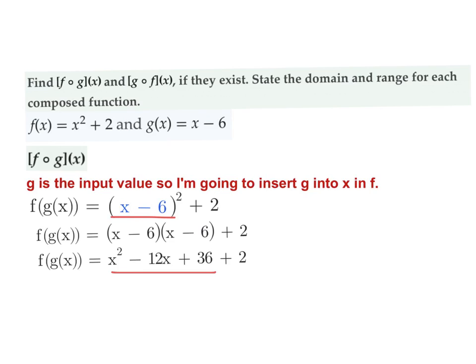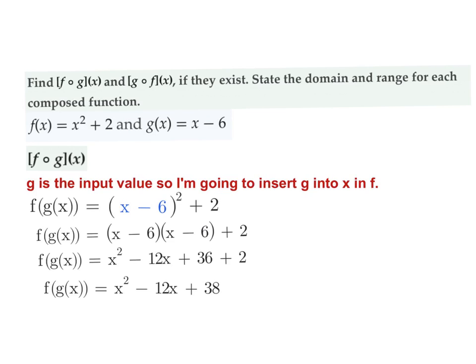And I know some of you lost this middle term. We've been talking about that. Make sure we don't do that. And then I combine and I'm left with x squared minus 12x plus 38. So that's f of g of x when I take g and plug it in for f.